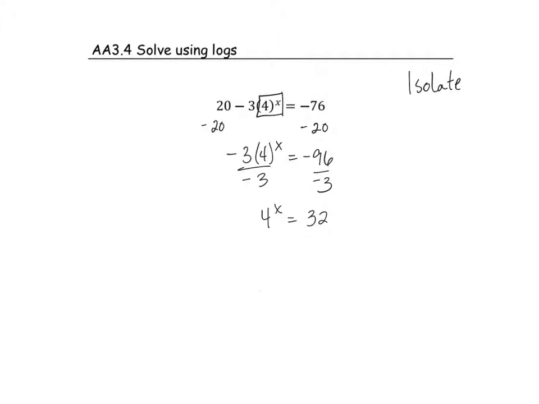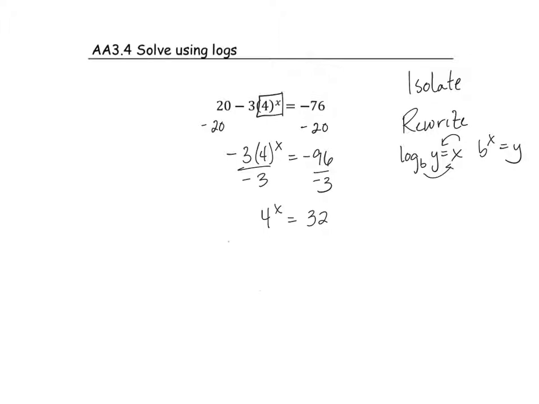And then I need to rewrite with the log form that we just did on the last one. So log base b of y equals x is the same as b to the power of x equals y. And yes, I do those every time, those little arrows.